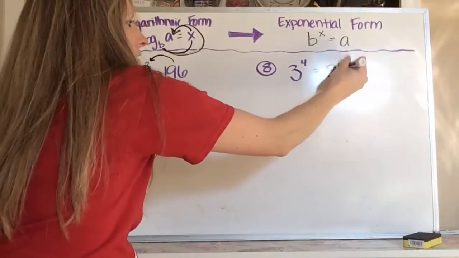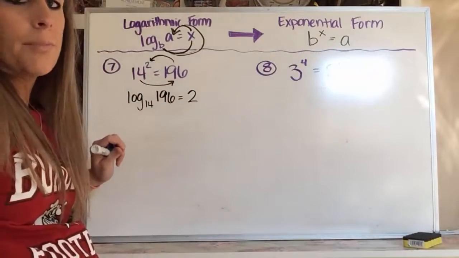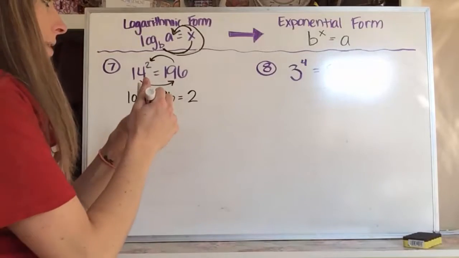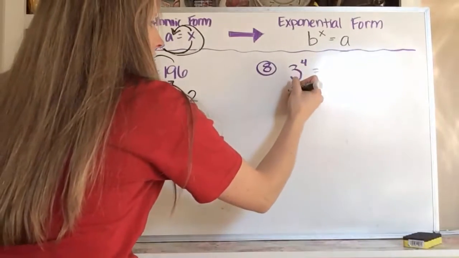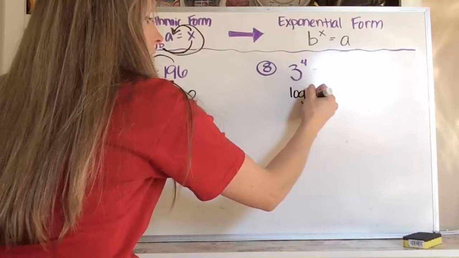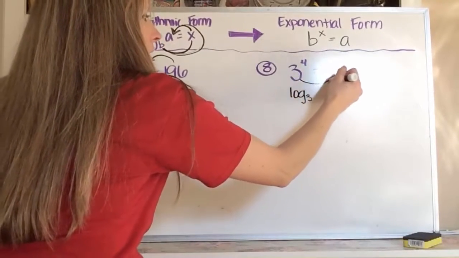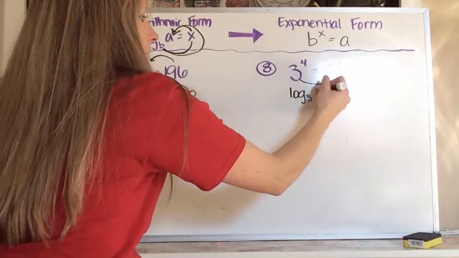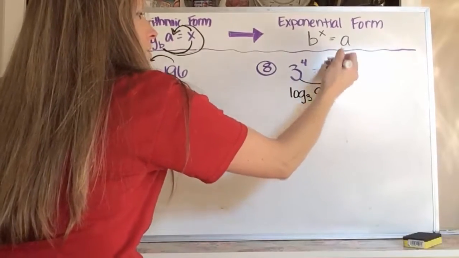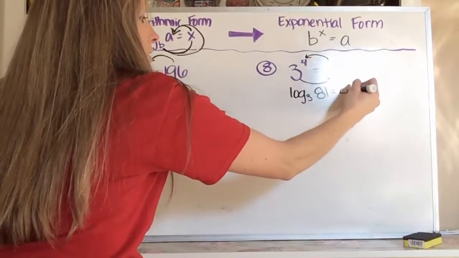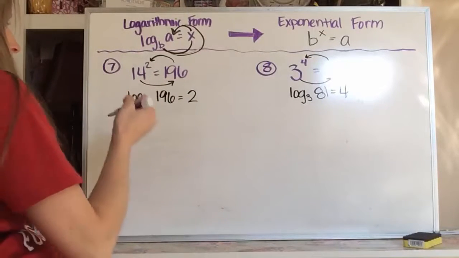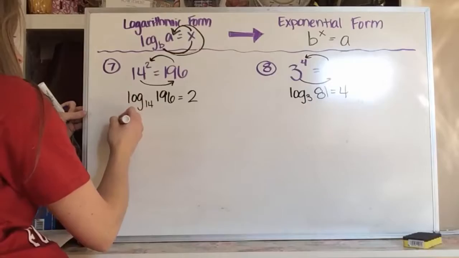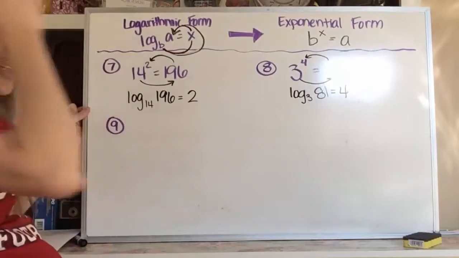If I need to change this to log form, I start with my base, which is 3. So log base 3, and I go counterclockwise, of 81 equals 4. If you want to work ahead, you can, and then just check with my answers.